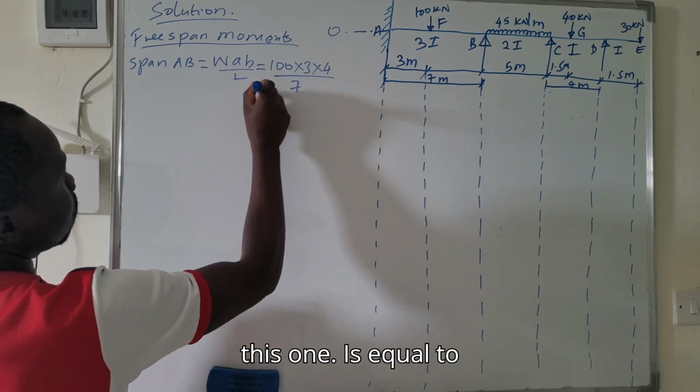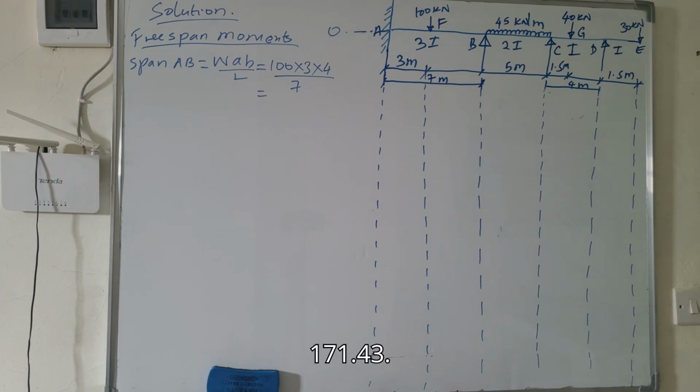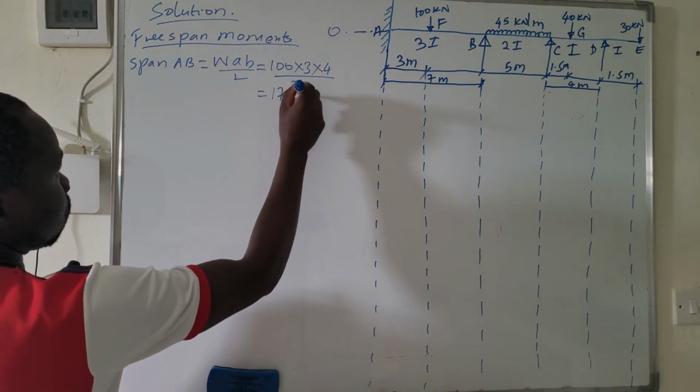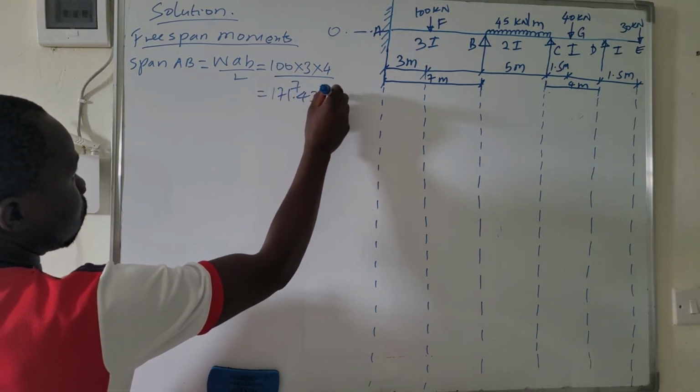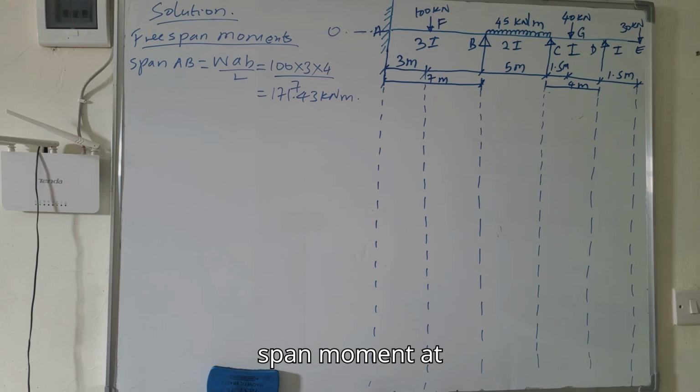So this is equal to 171.43. That is our free span moment at AB.